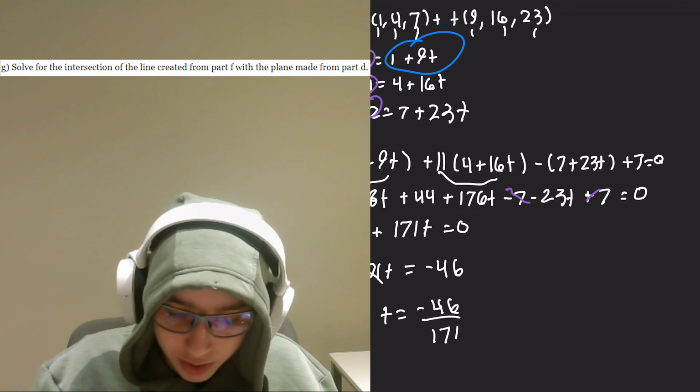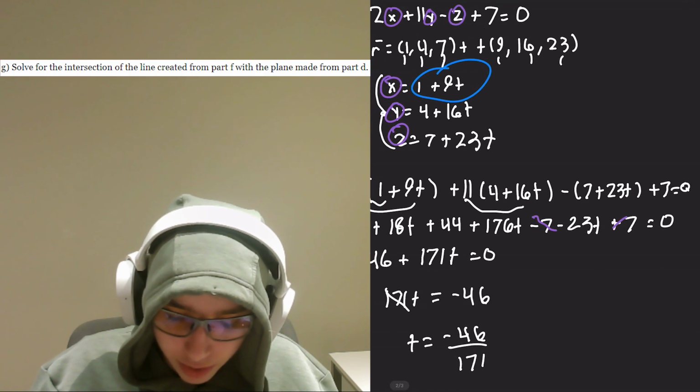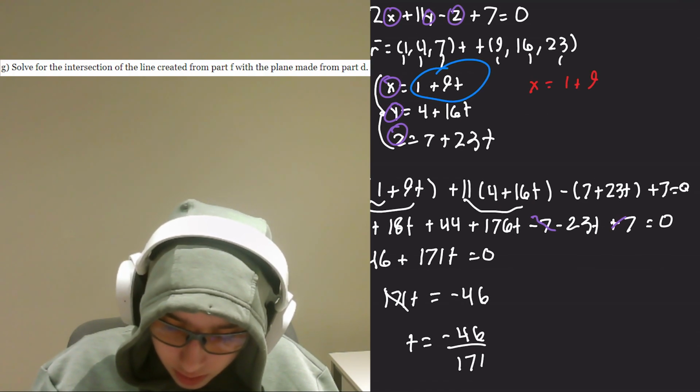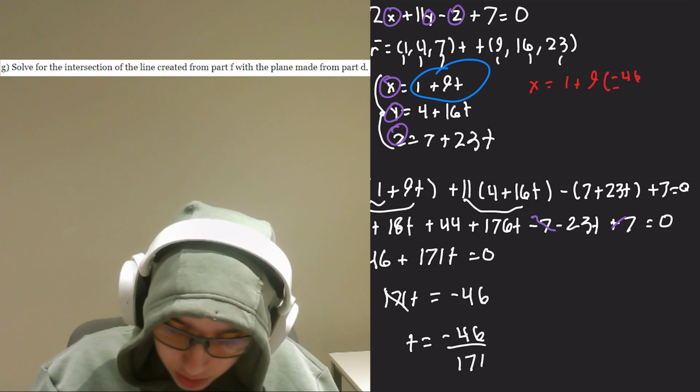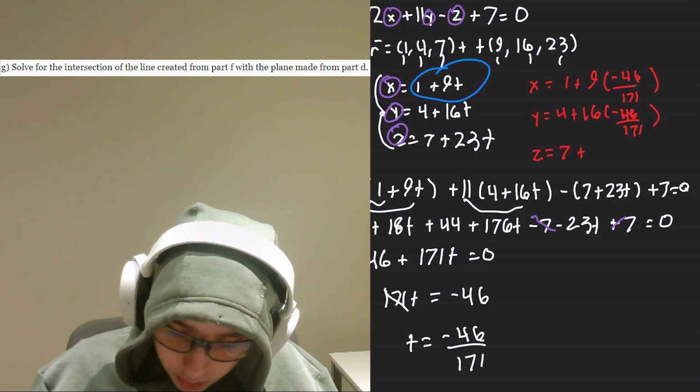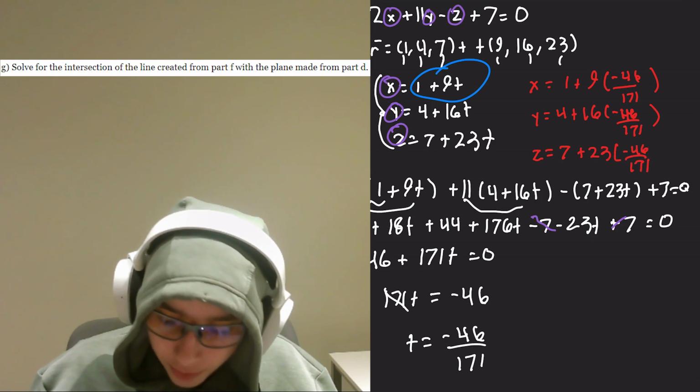So we get x is equal to 1 plus 9 times negative 46 over 171. y is equal to 4 plus 16 times negative 46 over 171. And z is equal to 7 plus 23 times negative 46 over 171.